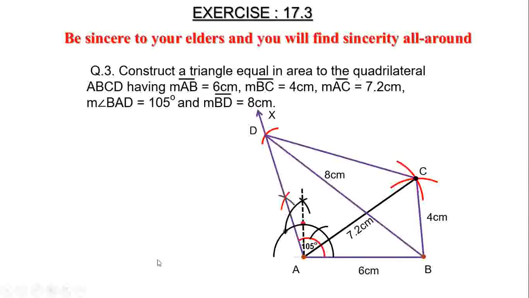Produce BA and place the scale by the side CA and slide it in this way.